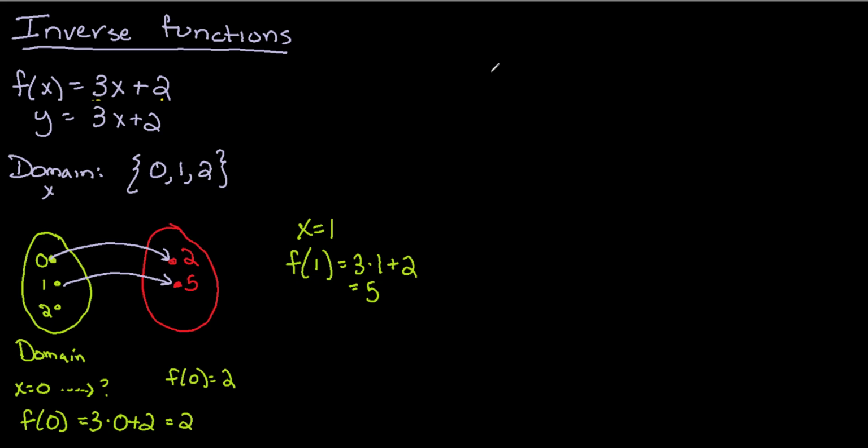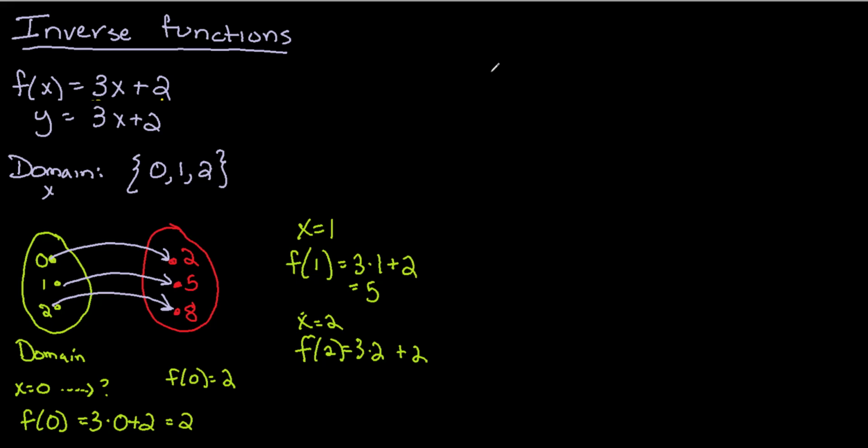And lastly, when x equals 2, f of 2, what happens? I'm plugging in 2 everywhere I see an x, and so I get 6 plus 2, which is 8. So 8 is my output value.